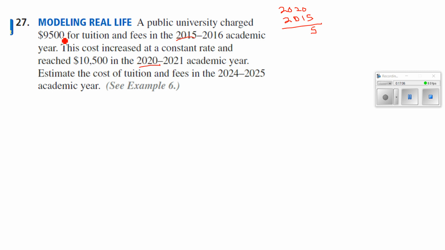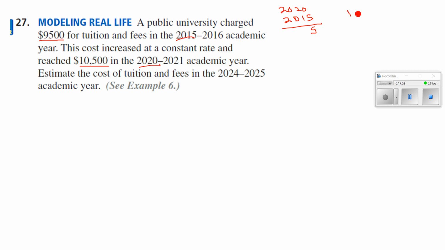Well, we see that they charged this much here, and then they charged this much here. So we want to see how much it went up. Well, if they did charge 9,500, and then they charge 10,500, that's a difference of 1,000.